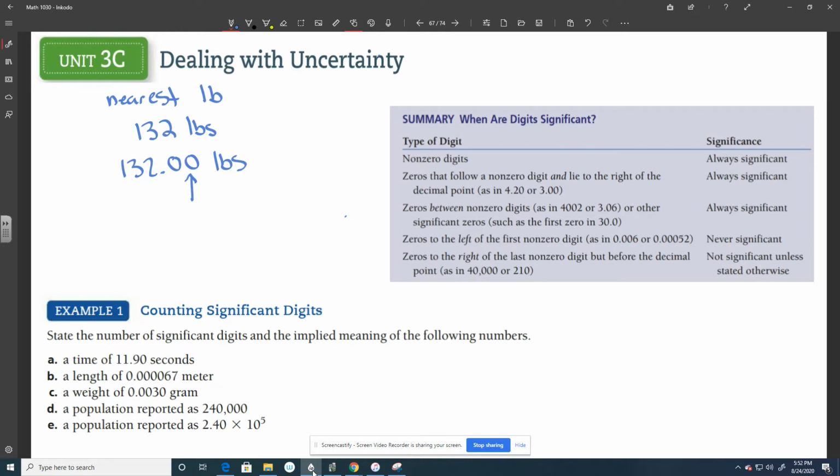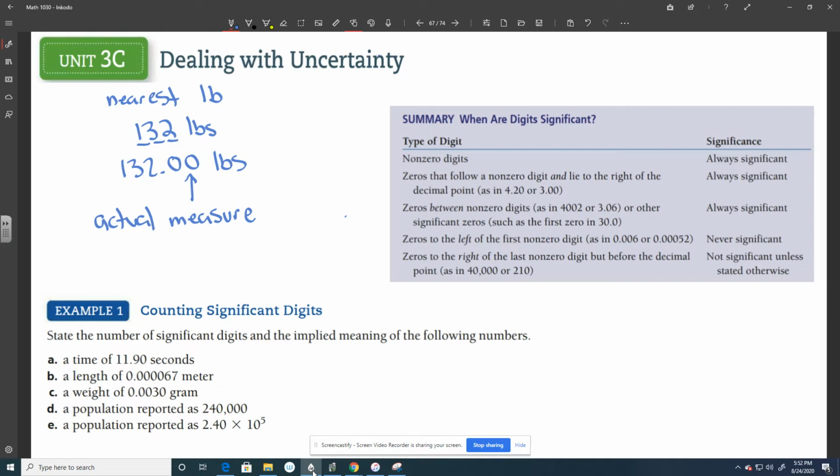So what we call significant digits are the digits that you actually measure. Okay, the numbers that you actually measure are something that we call significant digits. So in this example, you actually measured 132, and the rest that you don't see, you just rounded away.